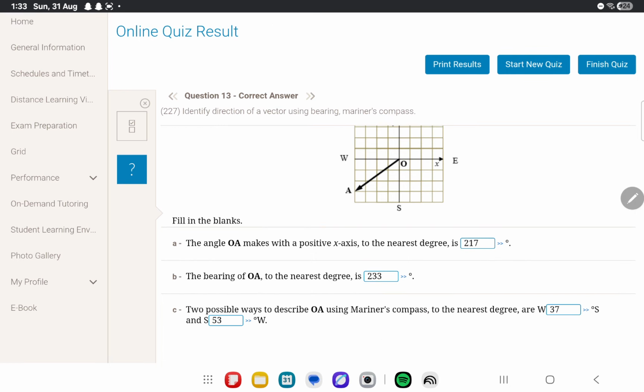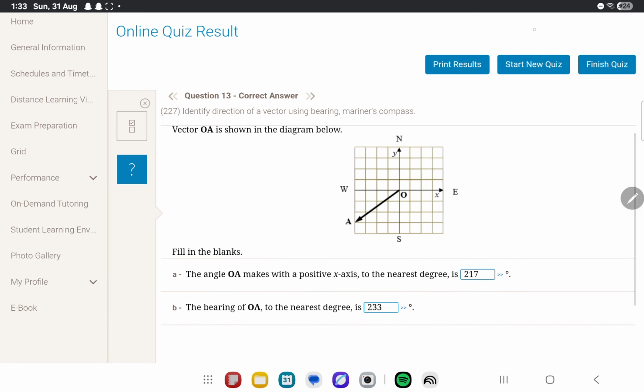So, two possible ways to describe OA using Mariner's compass. We're going to concern ourselves with the west and the south. In this case, it's going to be 180, 270, right? Our angle here is 37 degrees. Remember this. So the way to go is west 37 degrees S.